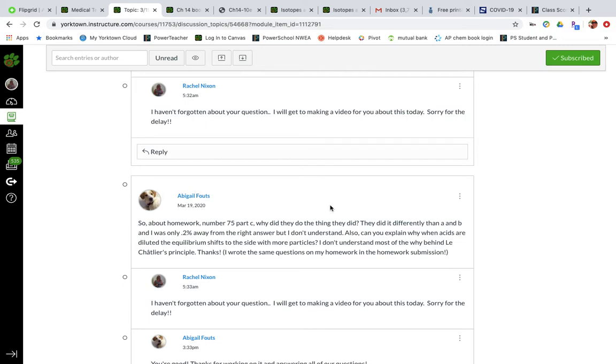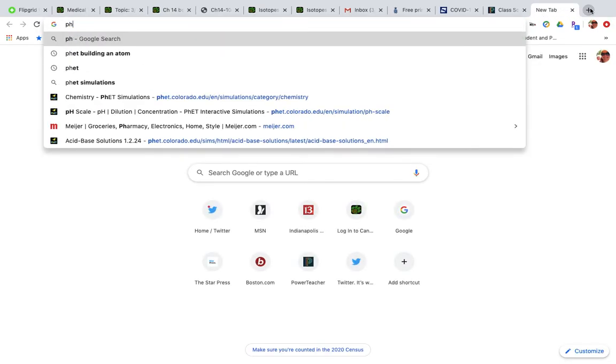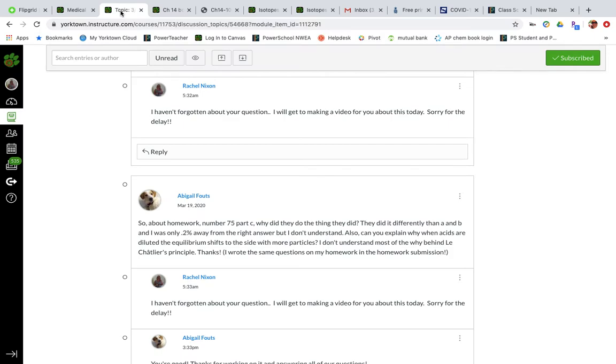If we add more water in, I essentially give the ion pieces more room to move around. So when I add more water and there's more room to move around, they're going to shift to the side that has more opportunities for movement or more ions, which is why more of it will dissociate.